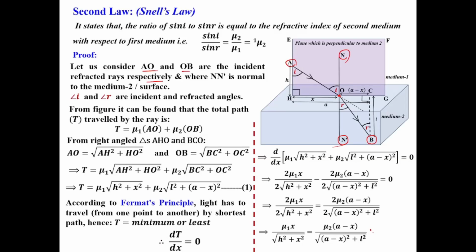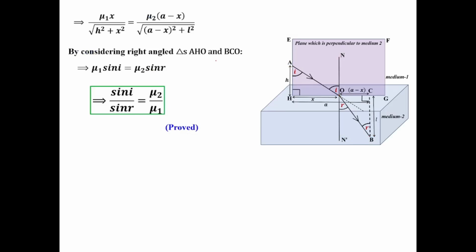Now we are going to consider the right angle triangles AHO and BCO.